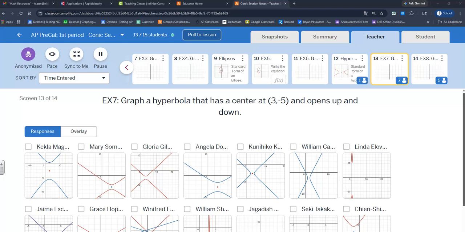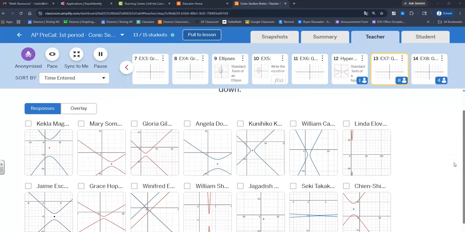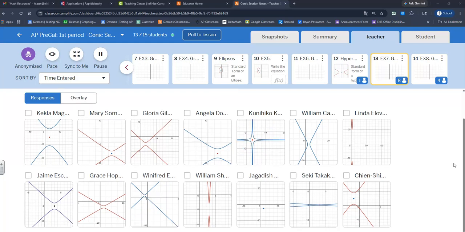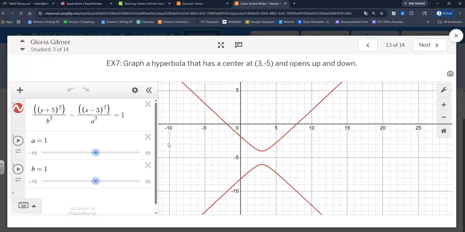So we are looking for hyperbolas that open up and down and have a center at 3, -5. So there are several of us that are still stuck with a left and right, but we've got many here that have up and down. So for the center 3, -5, you do just like a circle.